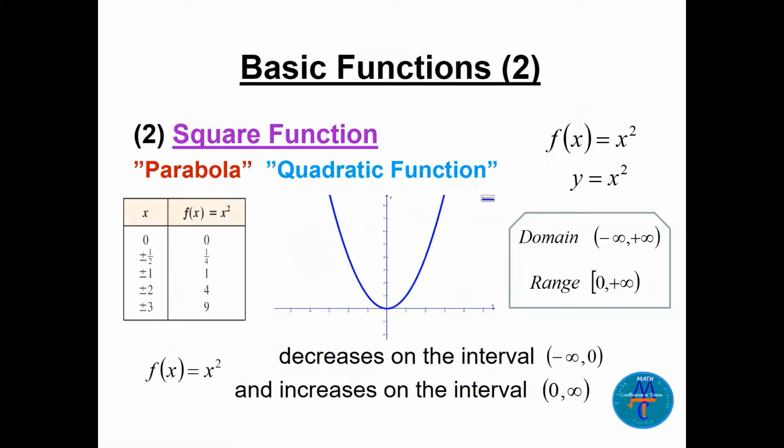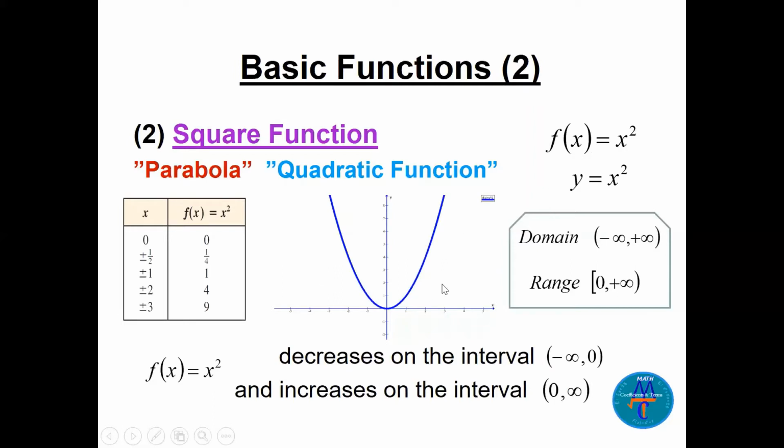The second one is also easy. Quadratic function x squared. We have seen that if you take x equals 0, it will be 0, plus or minus 1, it will be 1, plus or minus 2, it will be 4. Just take some values and you know this is a parabola or quadratic function or square function. So there are 3 names for this. f of x is equal to x squared.